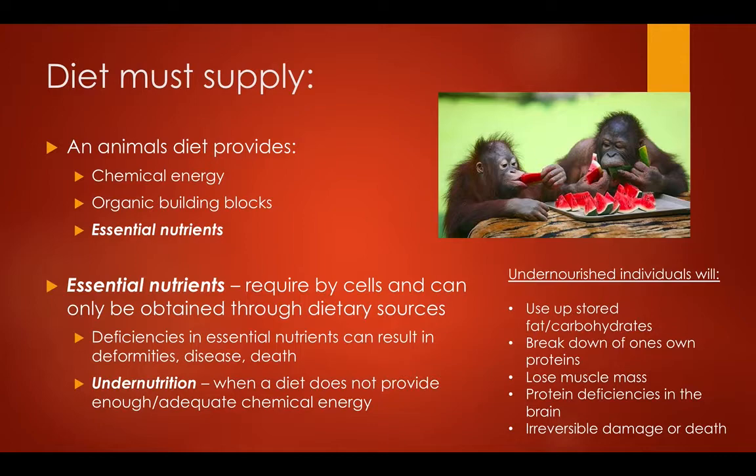Undernourished individuals will often use stored-up fat and carbohydrates. They can break down the body's own proteins. You can lose muscle mass. Protein deficiencies can cause some brain and neural issues, and there can be irreversible damage done to the body, again possibly resulting in death. So undernutrition is extremely dangerous.